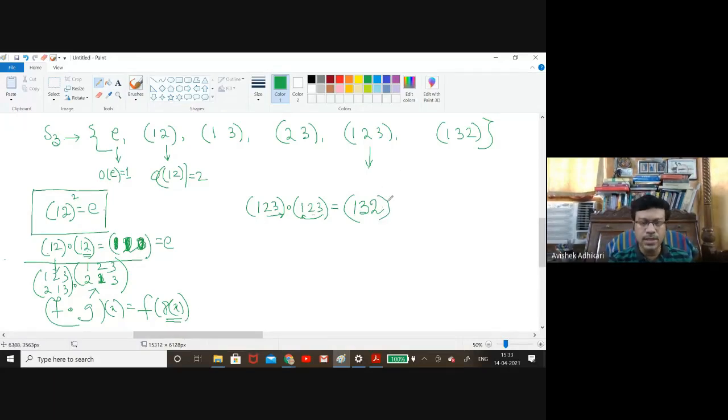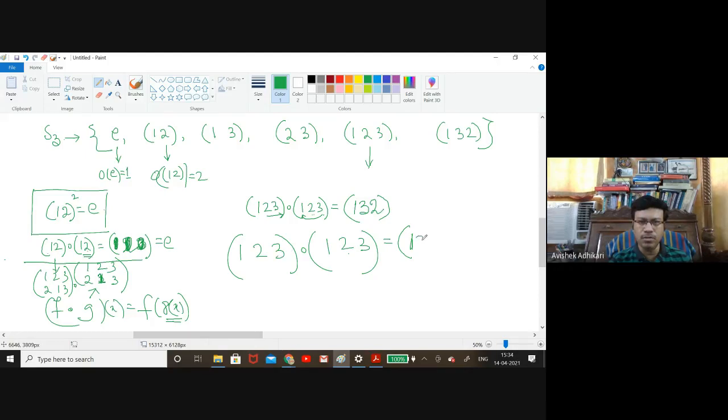Okay. Is this clear? Otherwise, I will repeat once again. The same thing, (1 2 3). As I mentioned, start from this side. Here 1 goes to 2, and then check where this 2 goes. Here 2 goes to 3. So ultimately, starting from 1, 2 goes to 3.